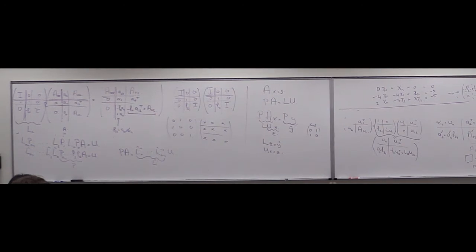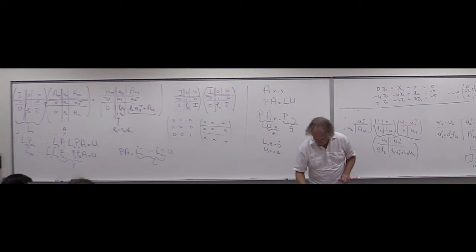I'm going to tell you what that result is, and then reason about that result to try to push us into understanding how we should be choosing our pivots as we go along, when we should be swapping rows, even if we don't encounter an exact zero. Okay? That's the strategy.